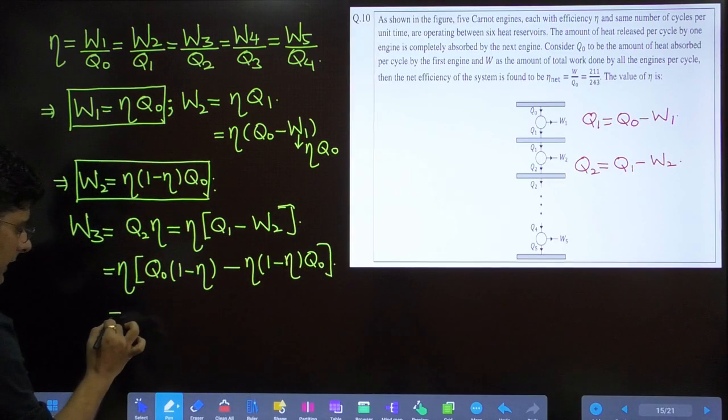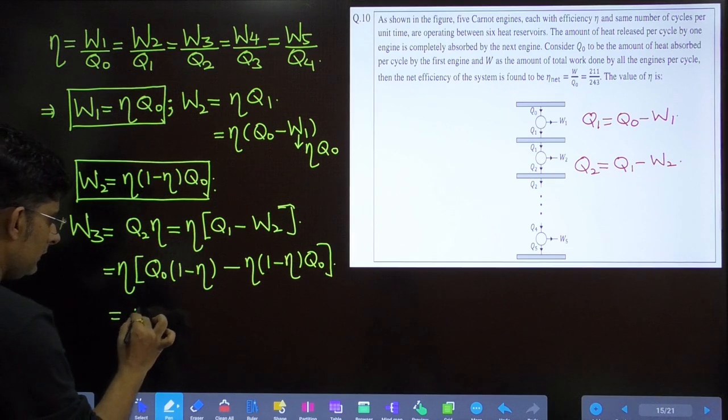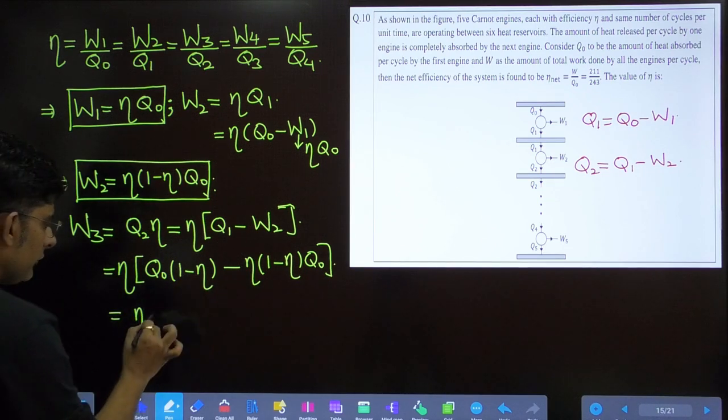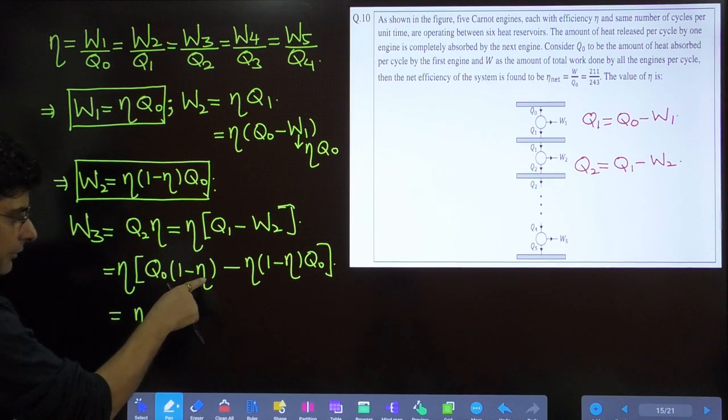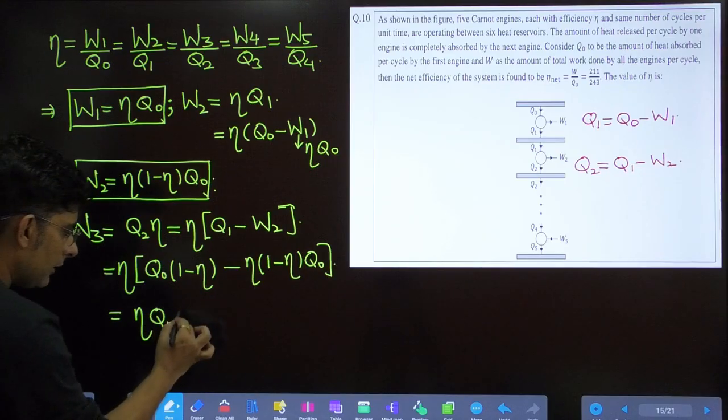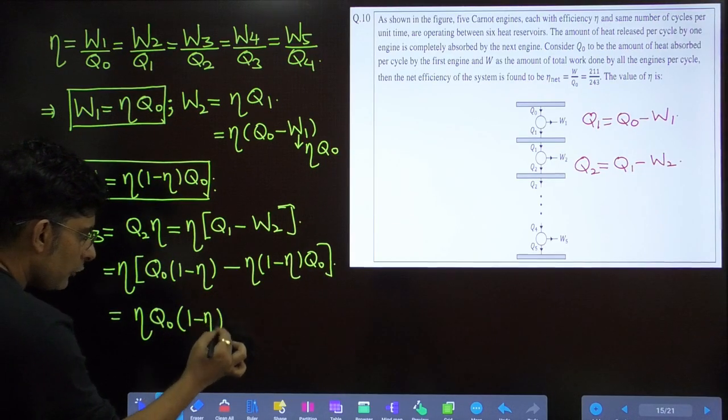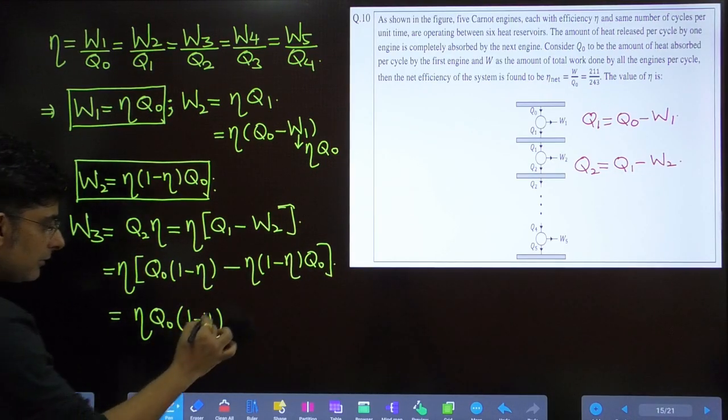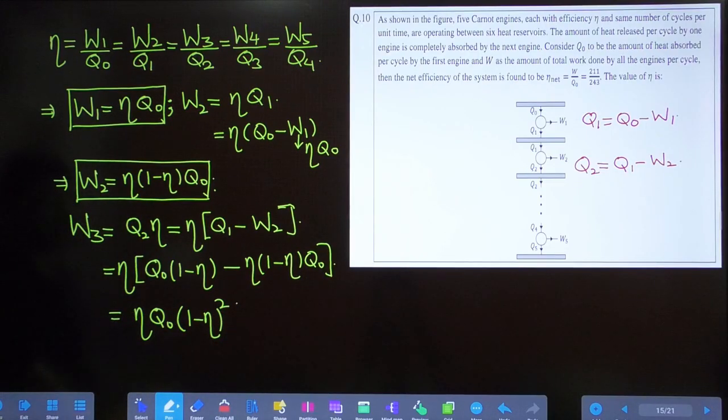If you take eta Q0 outside, 1 minus eta is common, so again in the bracket you will get 1 minus eta. So this becomes 1 minus eta square.